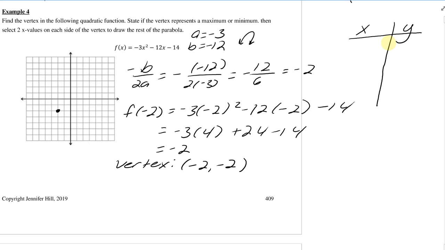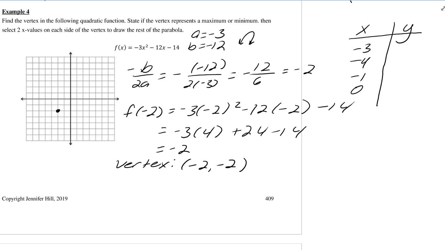Choosing 2 points to the left of the vertex, using x equals -3 and x equals -4 would make sense. And then 2 points to the right, so this is -1 and this is 0. So figure those points out and then finish drawing this. Hit play when you're ready to see the solution.